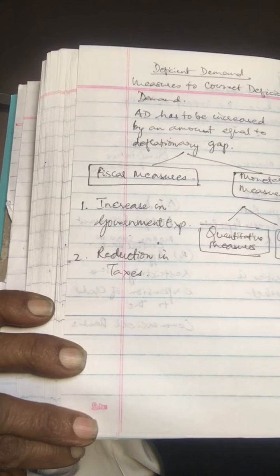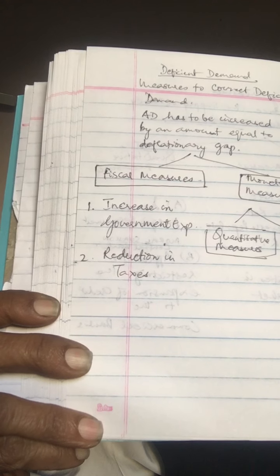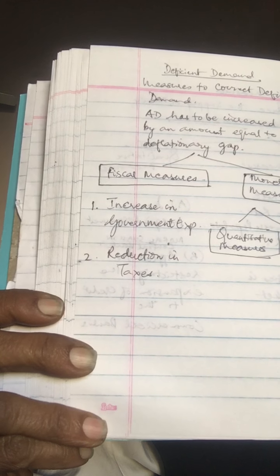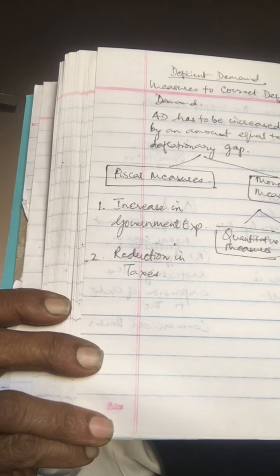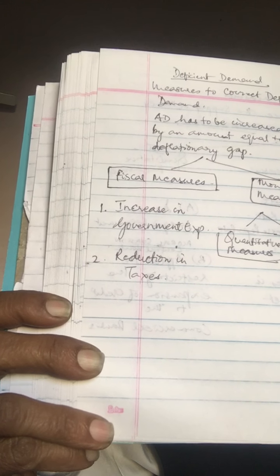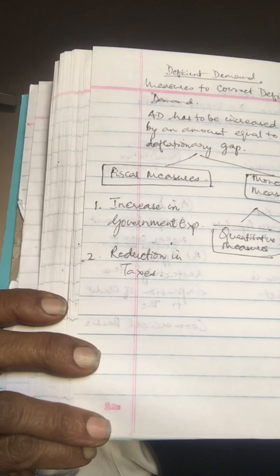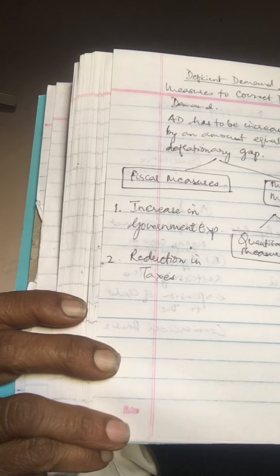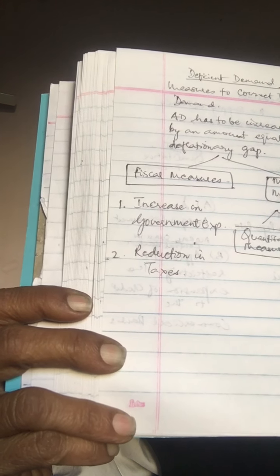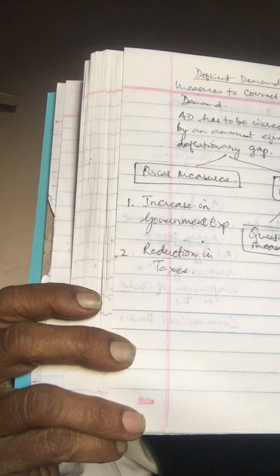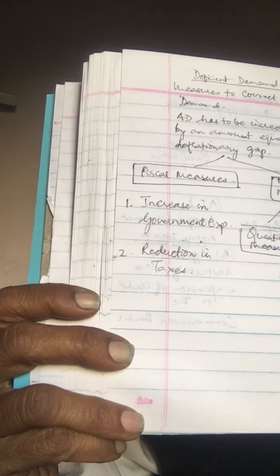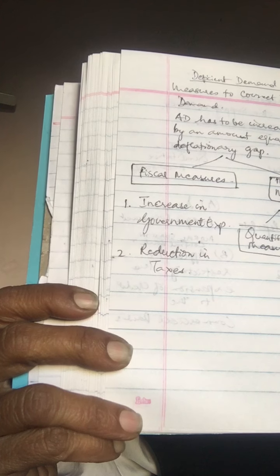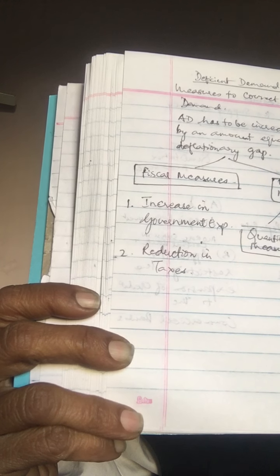Number one, increase of government expenditure. So more government expenditure through deficit financing may help in closing the deflationary gap. When government expenditure increases, the aggregate demand in the economy increases by the same amount. Since government expenditure is autonomous, that is independent of income, this would shift the aggregate demand curve upwards in parallel.